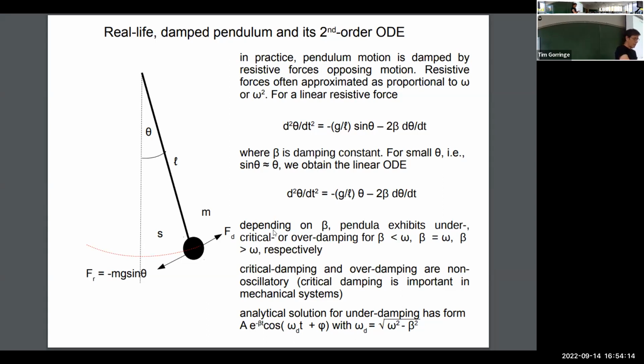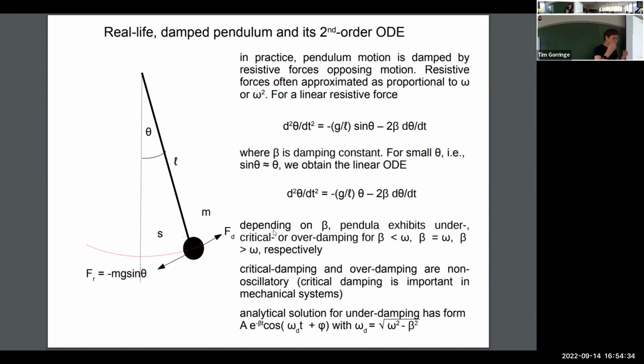Overdamping is when the constant beta is bigger than that natural frequency of the pendulum. And then critical damping, that's when the beta and the natural frequency are equal to one another. So there are these 3 categories.